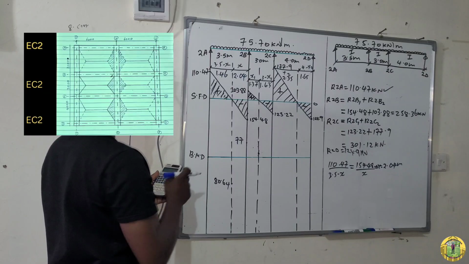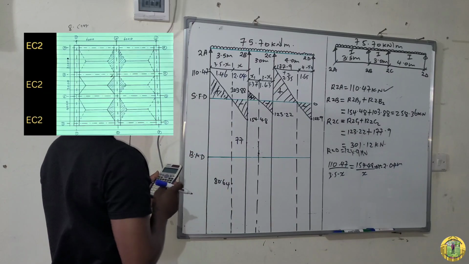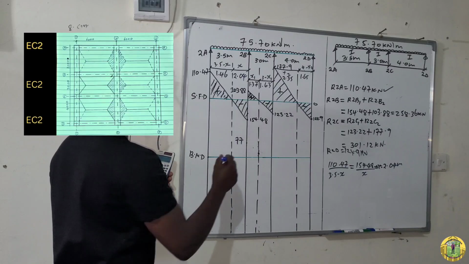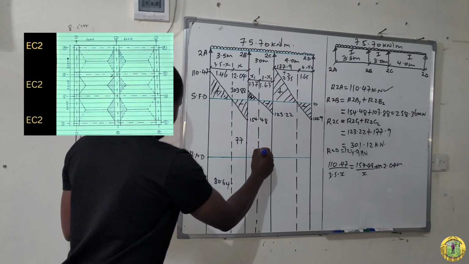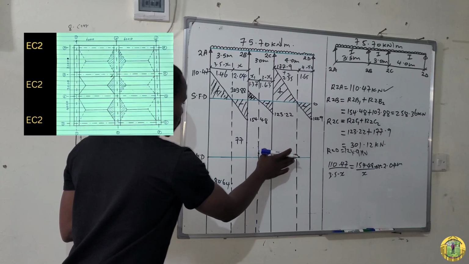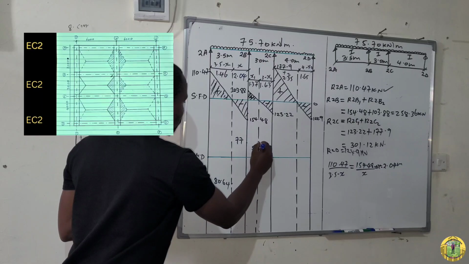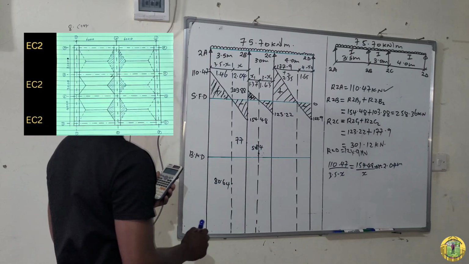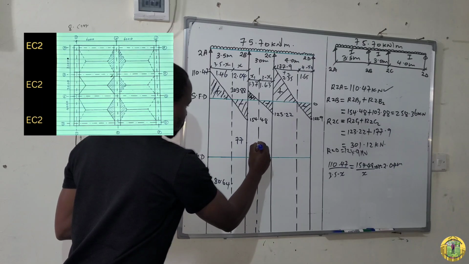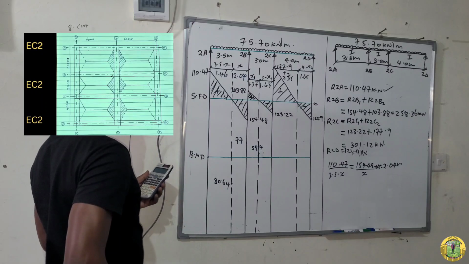Negative 77 plus the area of this shaded part, which is 0.5 times base 1.37 times 103.88. So this is negative 5.84.